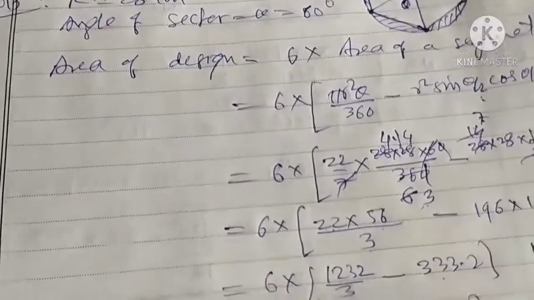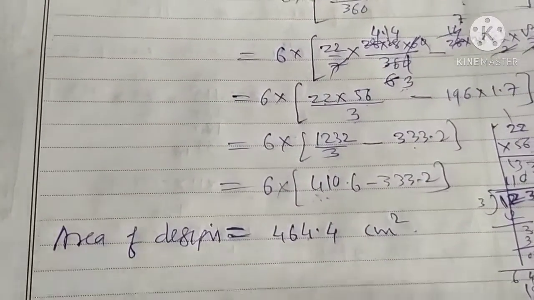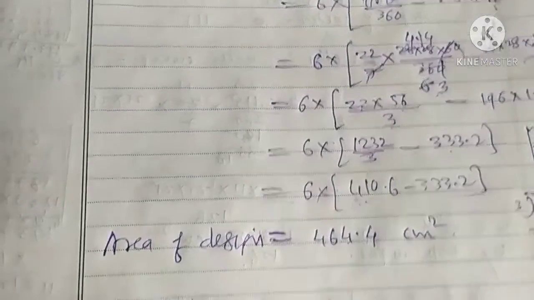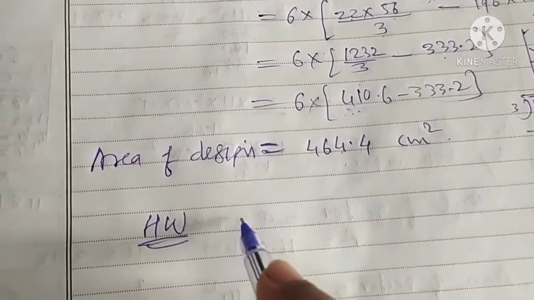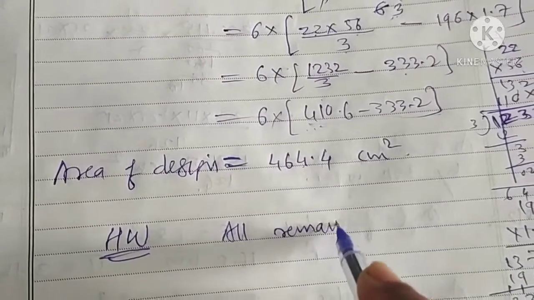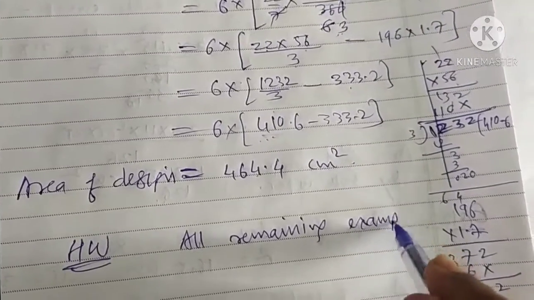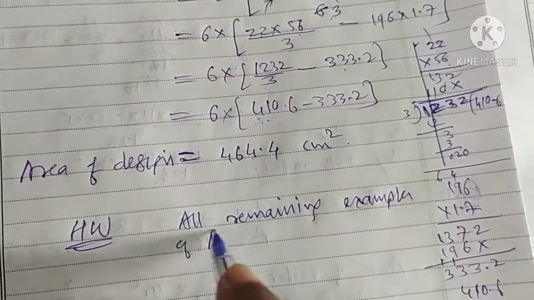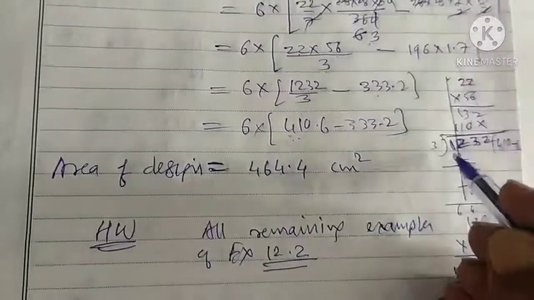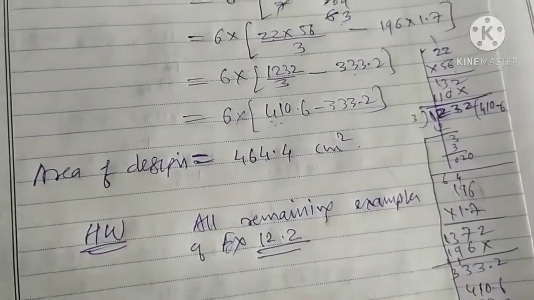Now see, please solve all incomplete examples of 12.2 after this video, all remaining examples of exercise 12.2. Clear? Okay. Any problem if you face, please talk to me and inform me. Okay?